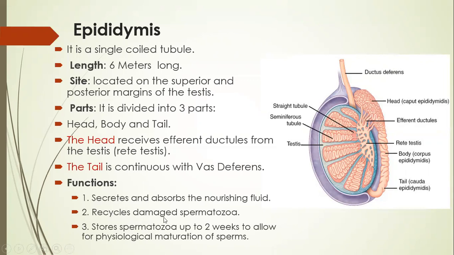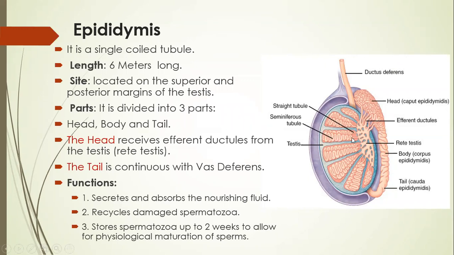Then it recycles the damaged spermatozoa: it engulfs and removes the damaged sperm. The third is it stores spermatozoa for up to two weeks to allow for physiological maturation of the sperms.